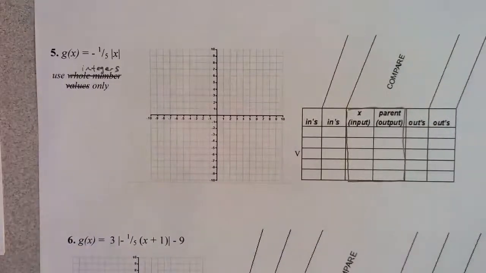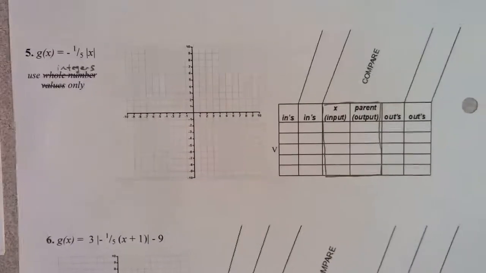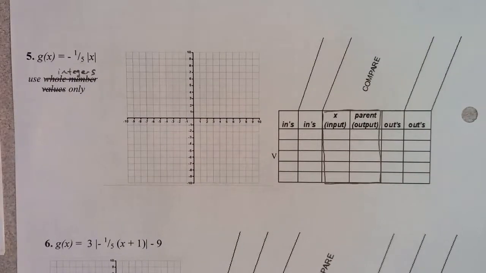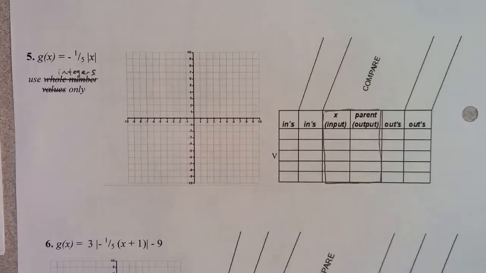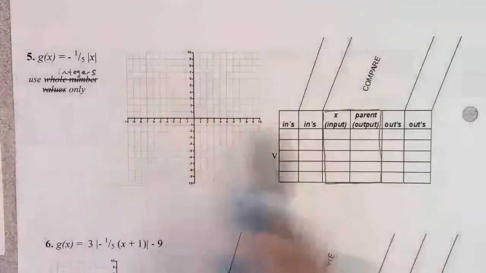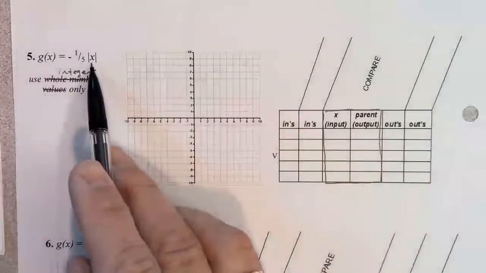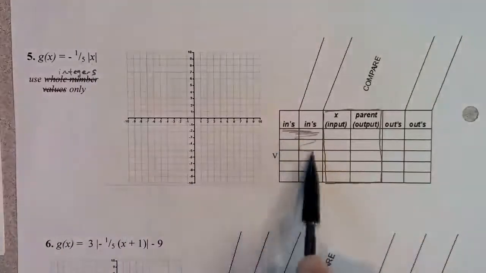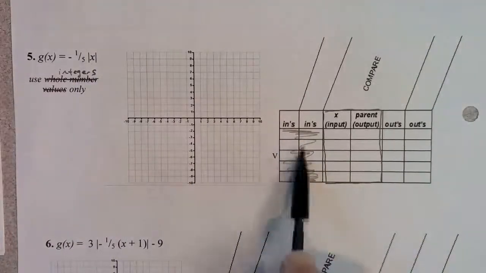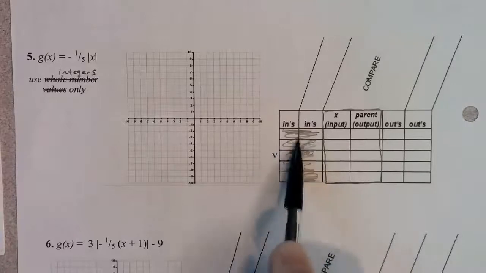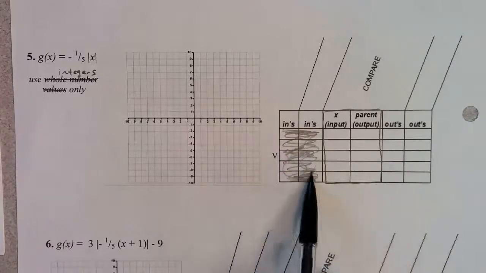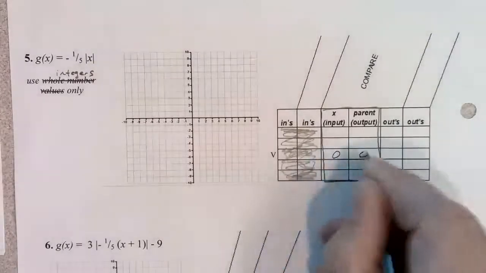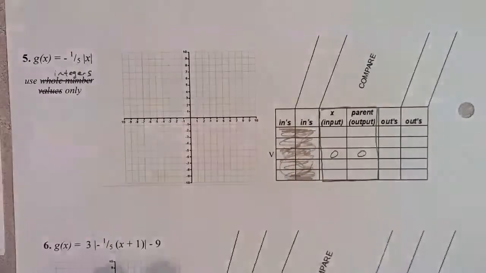Number 5. Please note your table grew wings. It got bigger. Okay. Are there any inputs that get changed? Anything happening inside? No. So we won't use this at all. Now, I will tell you, you have to have your vertex start at 0, 0 because it says V right there. So we're going to put our vertex there.